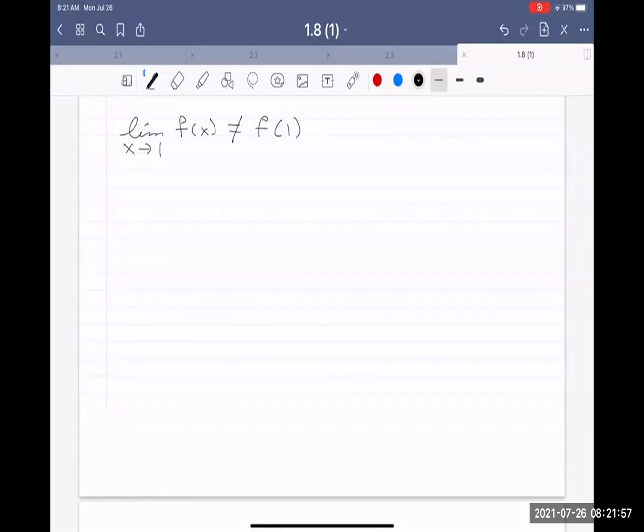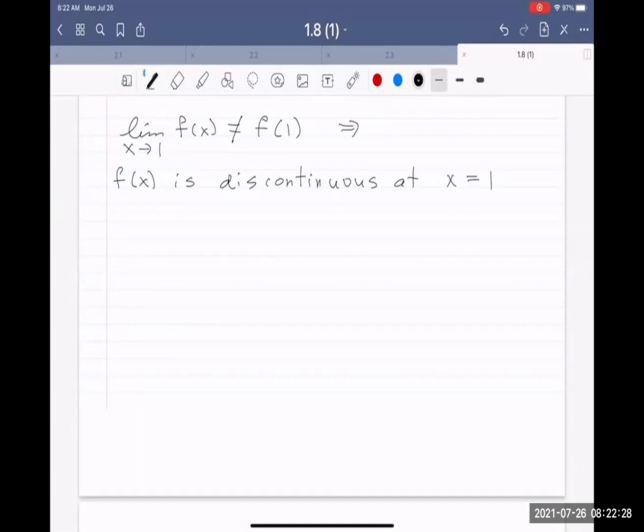So this implies that f is discontinuous at x equals 1. If f is discontinuous at x equals 1, well, what type of discontinuity is it?